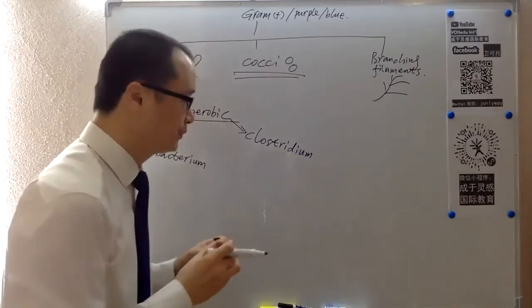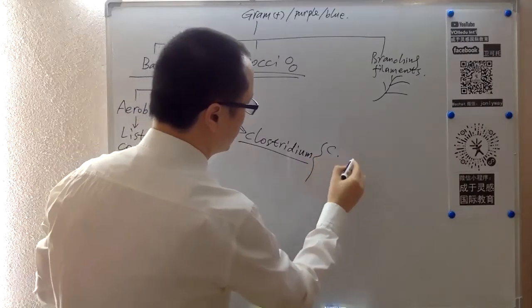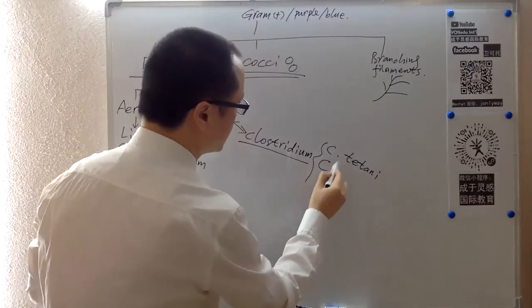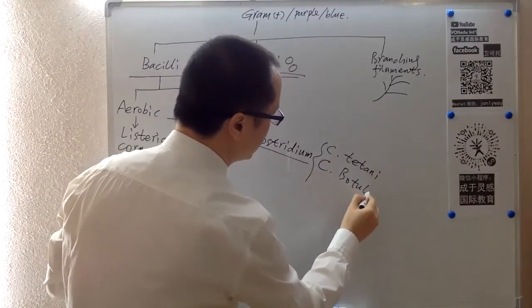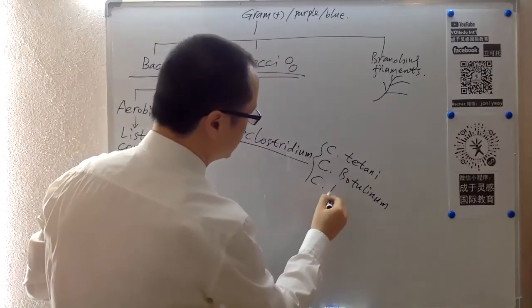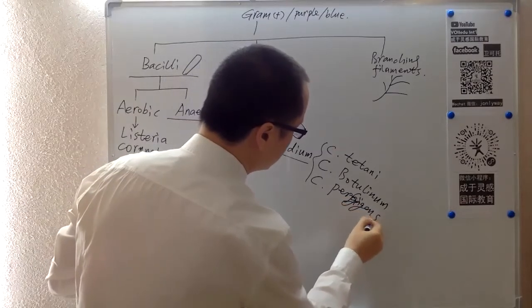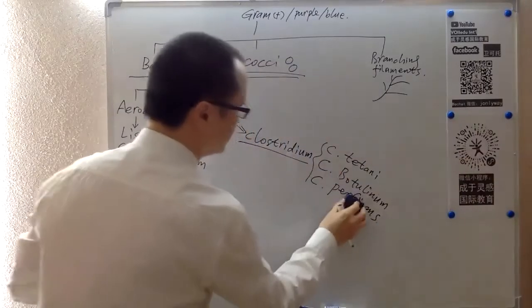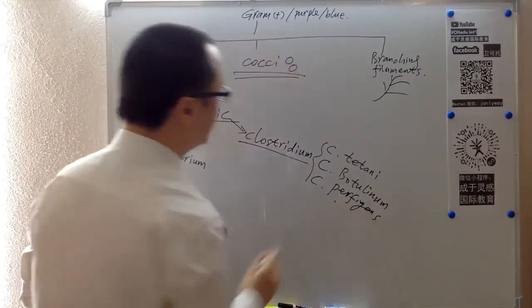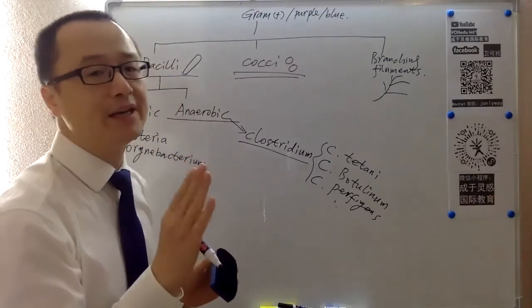In Clostridium, there are bacteria like Clostridium tetani, Clostridium botulinum, Clostridium perfringens, pyogenes, etc. Okay, so it is anaerobic, meaning without need of oxygen.